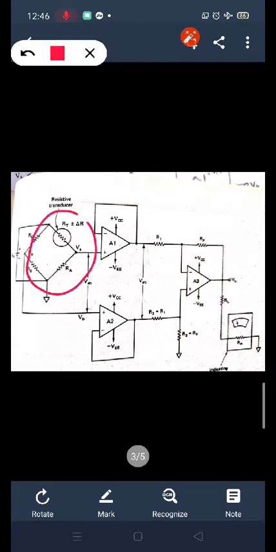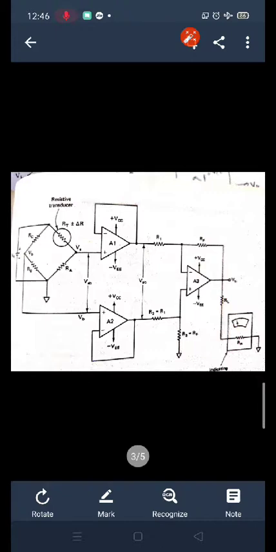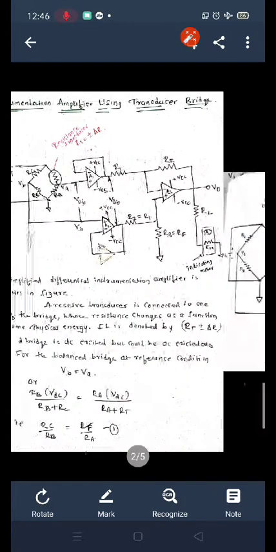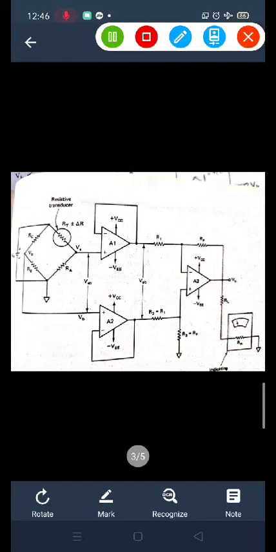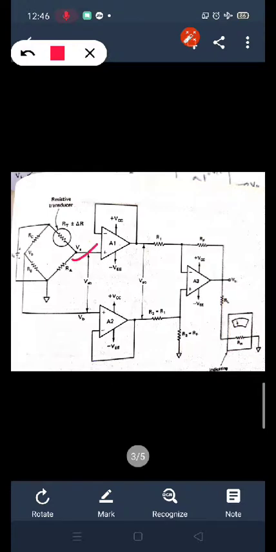At this time, what is going to happen? The potential A is not equal to potential B, and now the output voltage V0 can be expressed.